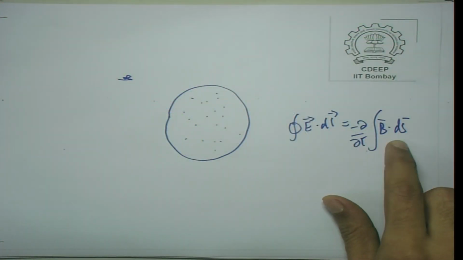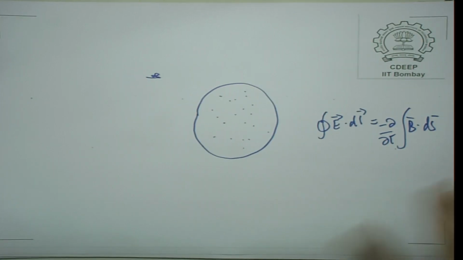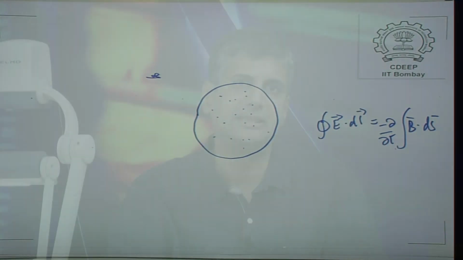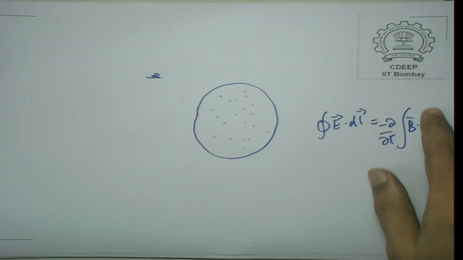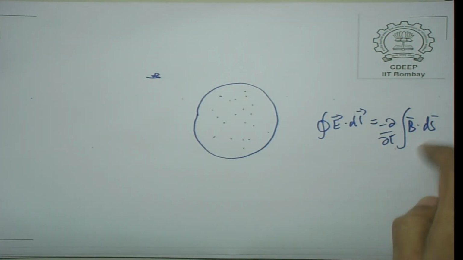In real life, if you are making a loop and there is a current flow in the loop, there will be a magnetic field. Because of the change in magnetic field, you will in fact have a B dot ds changing. But if this magnetic field is small or the rates of change are small, we can neglect this effect. But in case you want to consider this effect, then you will have to add to Kirchhoff's voltage law an additional term which represents this effect.